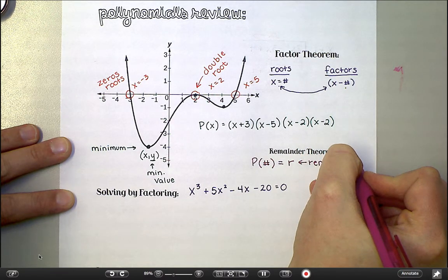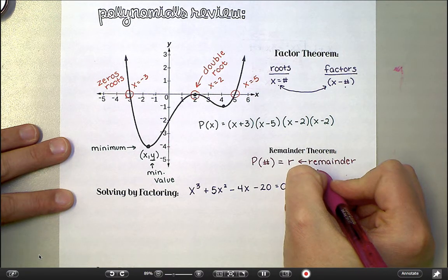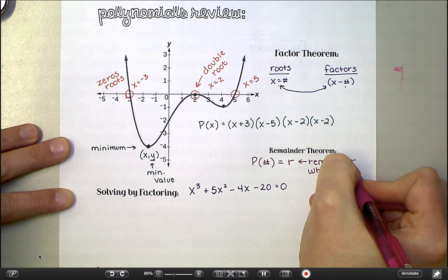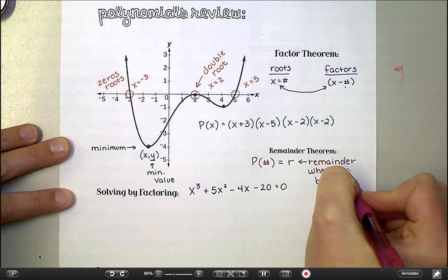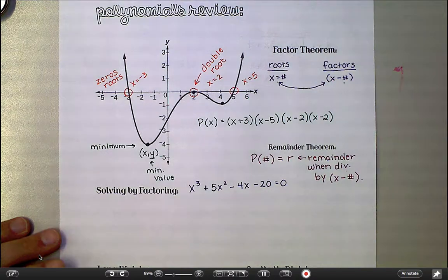I should have been more specific there. It's the remainder when you divide by that factor.